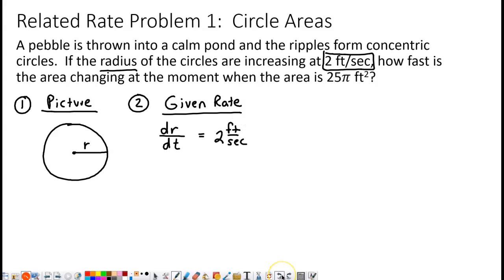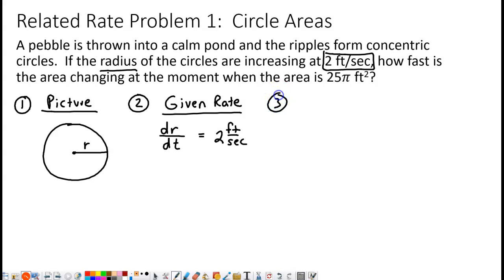So you kind of have to know that we're talking about the radius of the circle, which the problem tells you here. So you need to make sure that you write it out correctly. dr dt means how fast is the radius changing over time, and the answer to that is 2 feet per second. So you need to identify your given rate and make sure you label it appropriately.